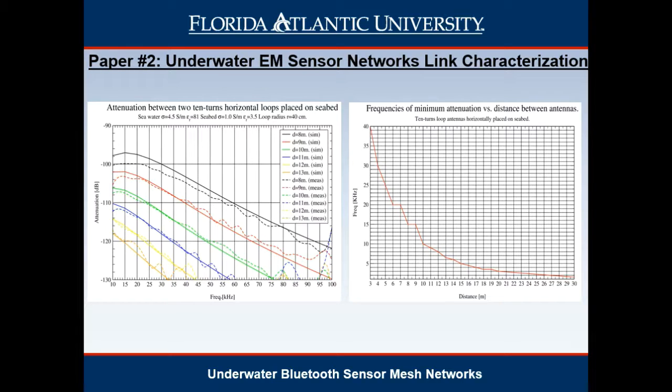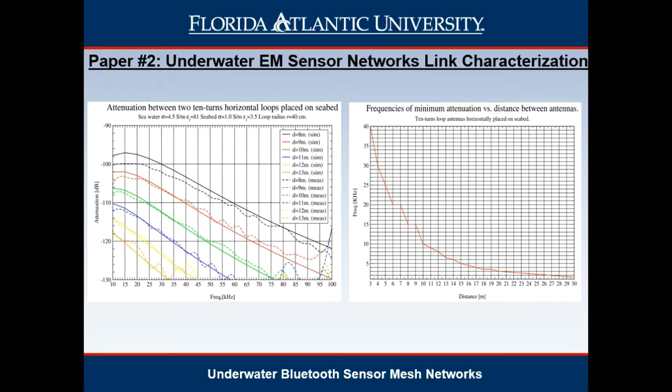axis is the frequency. The yellow and orange are the farthest apart antennas at 12 and 13 meters apart, so they experience the most loss at the smallest frequencies, while the black line is the shorter distance, only 8 meters apart between the two antennas, so they experience a smaller attenuation even at higher frequencies.